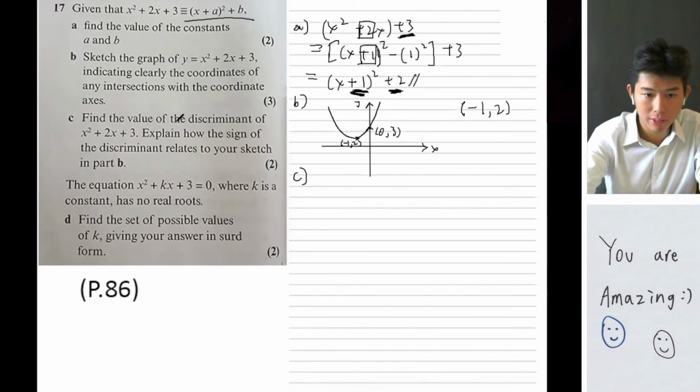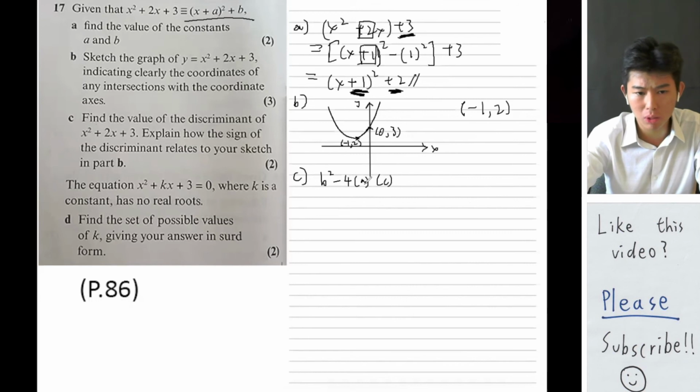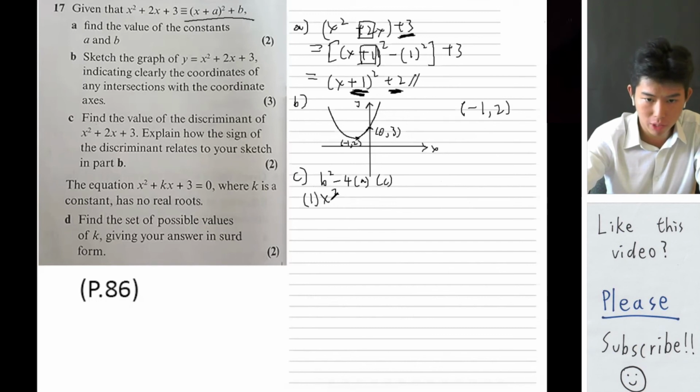They want us to find the discriminant of x squared plus 2x plus 3. Okay, so discriminant would be b squared minus 4ac. And how do you know what is a, b, c? For this equation here, x squared, actually 1 bracket x squared plus 2x plus 3, a would be 1, b would be 2, and 3 would be c.